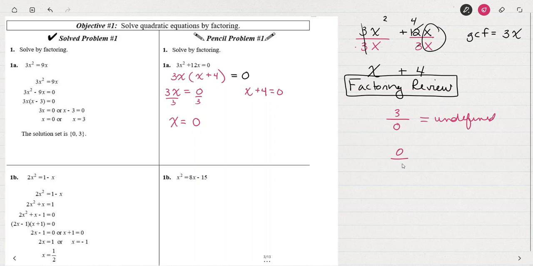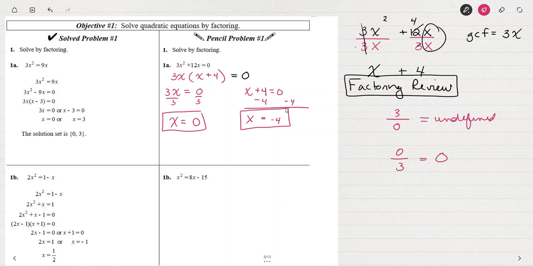A 0 over 3 is okay, it's just a 0. So we have one solution is x equals 0. The other solution, x equals negative 4. And that's our first example.